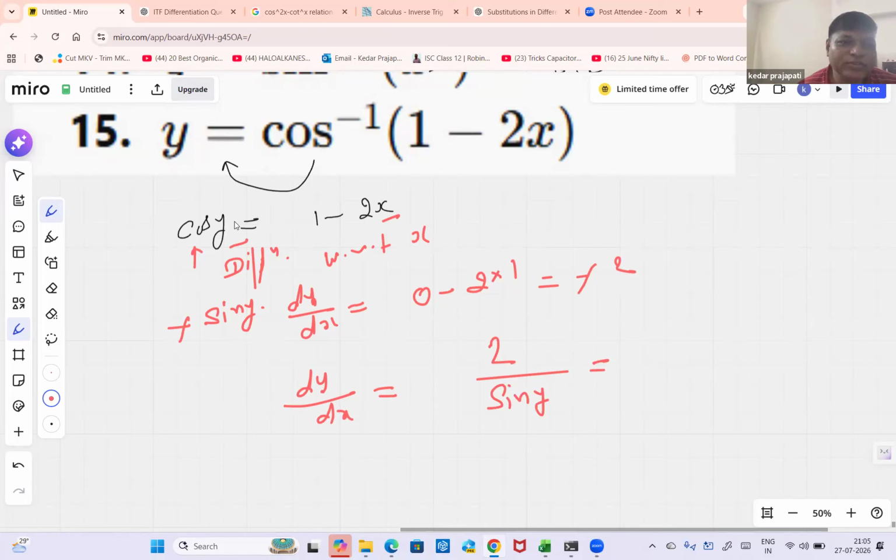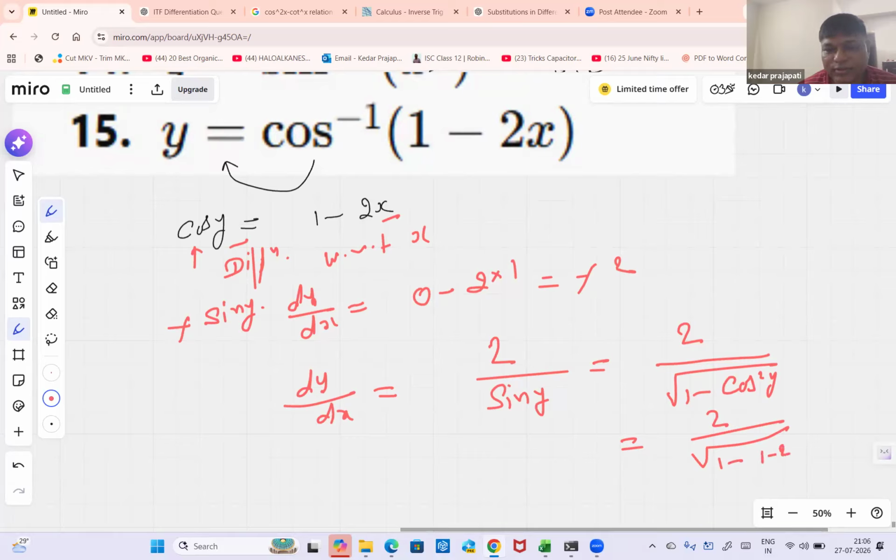Now in the question sine is not there. What will we write? Root of 1 minus cos square y. This will become 2 by root of 1 minus cos square y, and cos y is this much. So it will be 1 minus 2x whole square.